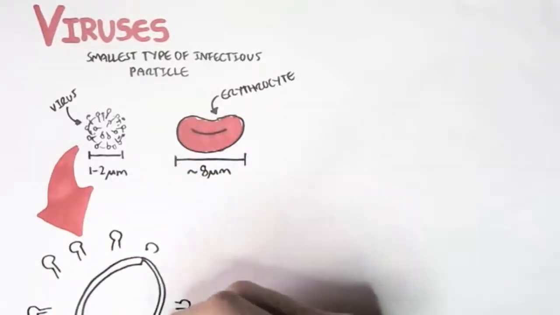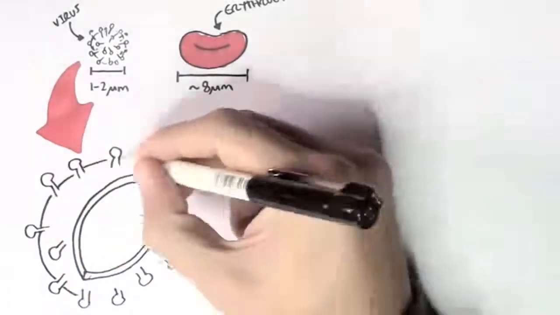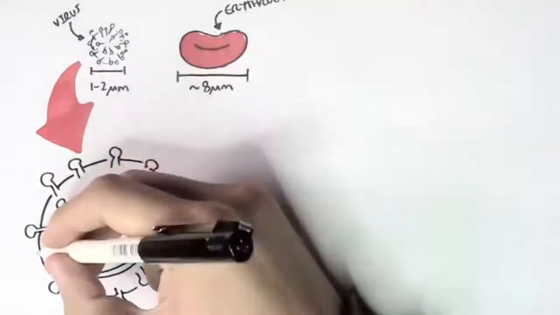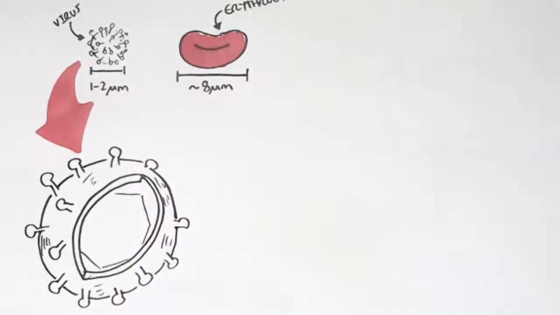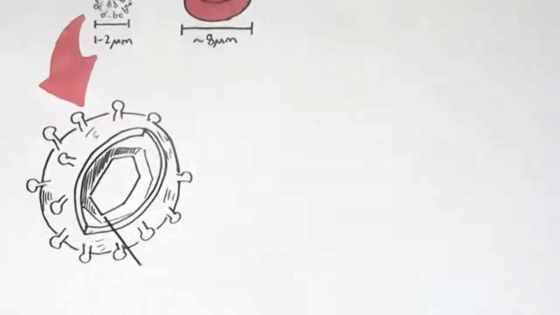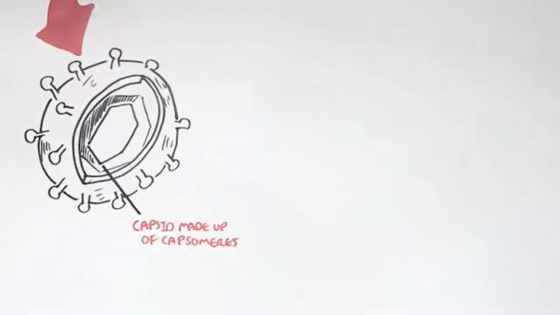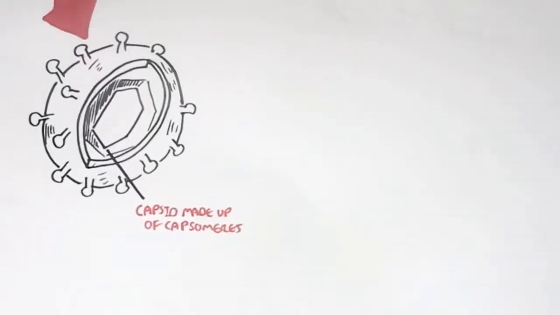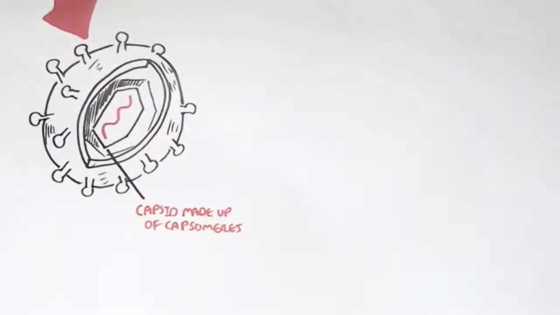The structure of a virus differs between different types of viruses, but as a general rule, here we're just looking at a typical structure of a virus. They contain a capsid, which is made up of capsomere proteins. The capsid is important because inside this capsid, we can find the genetic material of the virus.